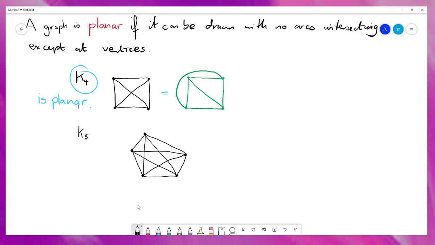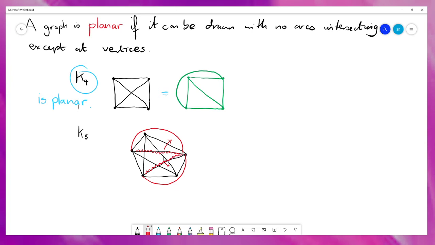And effectively what it does is it starts by drawing an outline for any graph or network and then taking vertices and moving them outside, taking arcs and moving them either outside or drawing them inside. So if we draw this one on the outside, we lose it from here. If we draw this one on the outside, we lose it from here.